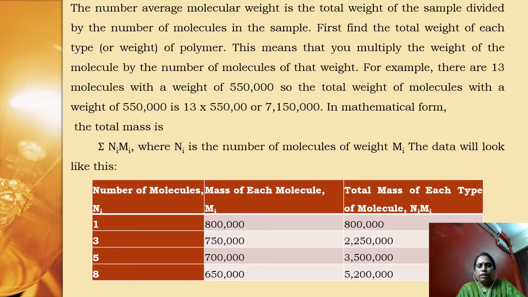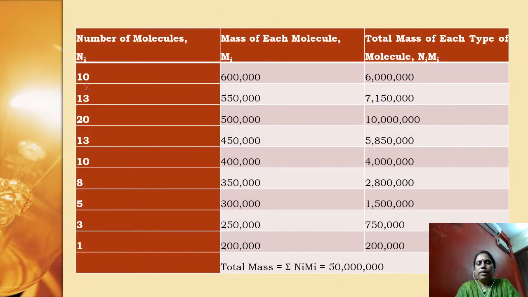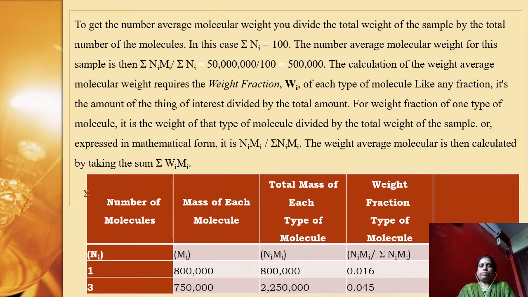The same way when you go for the other molecules also, if it is 5 molecules multiplied by 5, it is 8 molecules multiplied by 8 with the mass like this. 13 molecules are given here. So each Ni is multiplied with Mi and we get the total mass of each type, Ni into Mi. Now the total mass Ni into Mi is given here, and that is nothing but molecular mass.